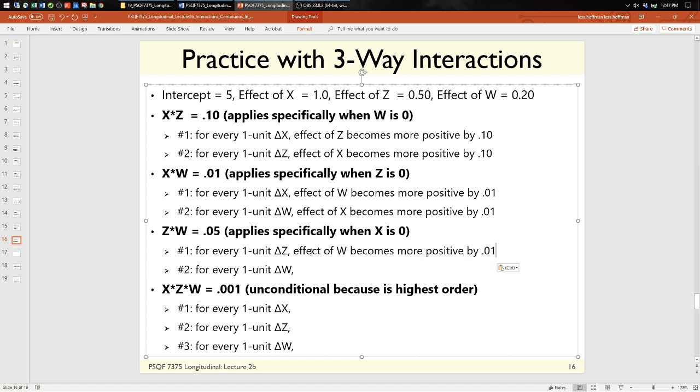And if we go down here, now we're talking about the z by w interaction. So for every 1 unit change in z, the effect of w becomes more positive by this new coefficient. And if I need this one, I just need to change it to the other one.